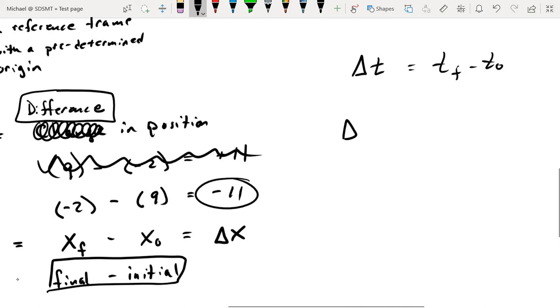We could have a delta temperature. So as temperature changes, final temperature minus initial temperature. We could have delta V, change in velocity. Really anything that changes can be described using a delta function, but every one of those deltas has to be final minus initial.